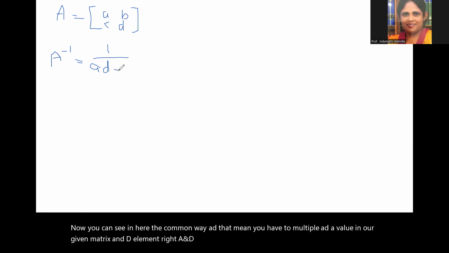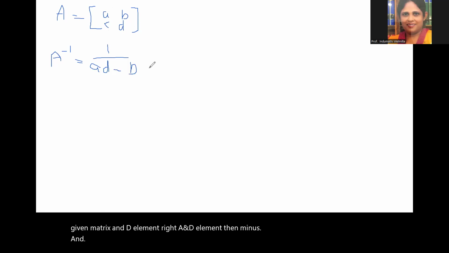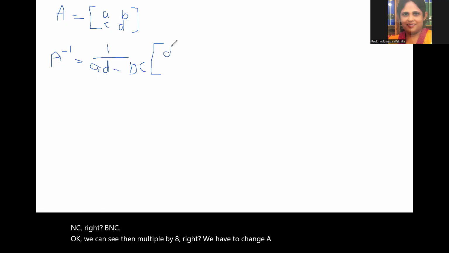Then minus B and C: B multiplied by C. Then we multiply by the matrix where we swap A and D, because now we need to write D here and A here.